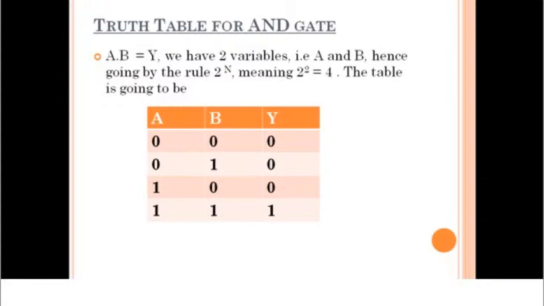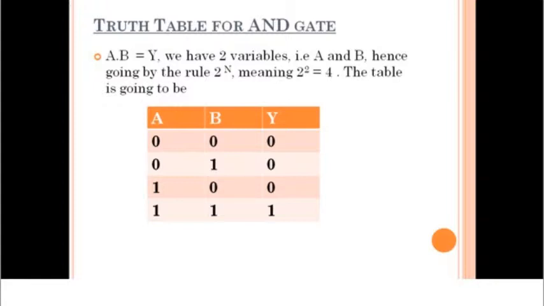We have a and b equals y. So our a and b are the input variables. Are we together? Remember the golden rule says 2 raised to the power of n, where we put our n to be 2, that is a and b. So 2 raised to the power of 2 is what? 4. So the table is going to have 4 lines. We have our a and b, which is 0, 0, 1, 1.